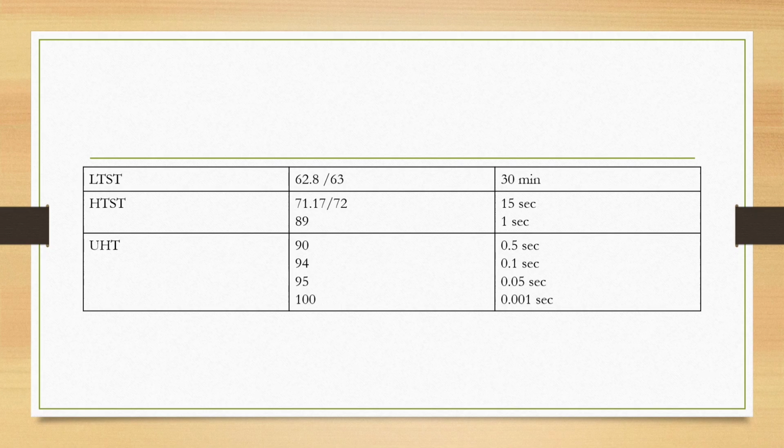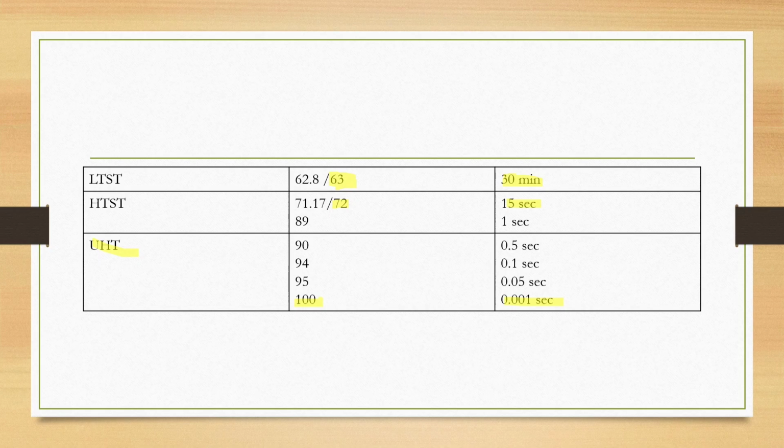If you have a pasteurization topic, people usually ask about the time and temperature combination. Be very careful about it. For 63 degrees Celsius, it is 30 minutes. For 72 degrees Celsius, it is 15 seconds. And in ultra high temperature, just remember, if we heat a food product to 100 degrees Celsius, the holding time would be 0.001 seconds.